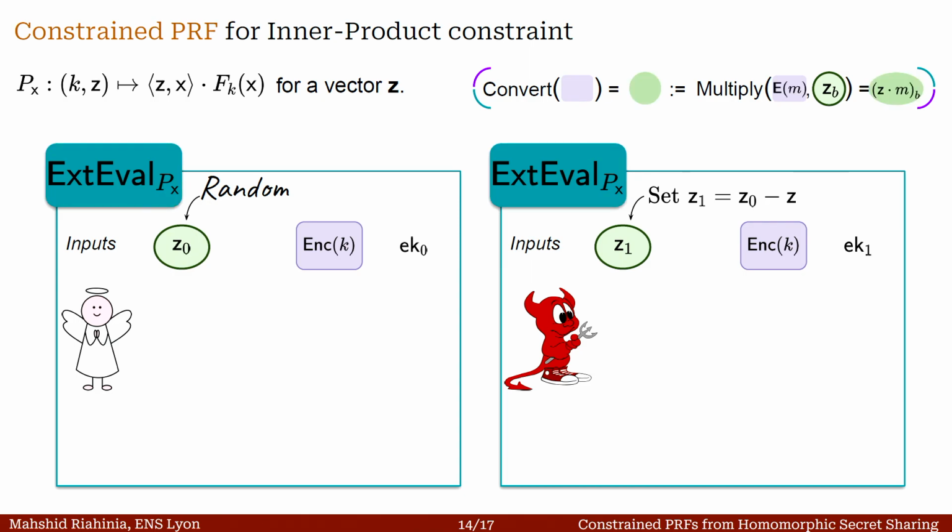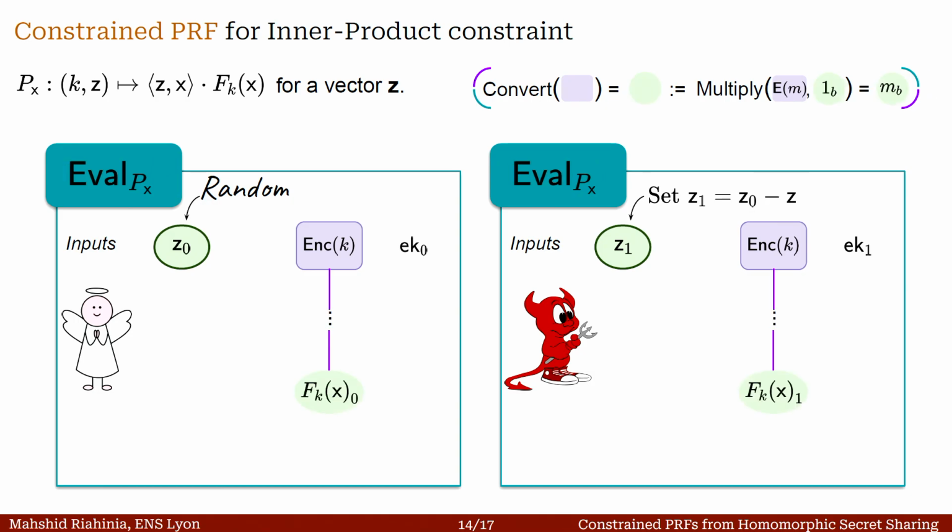Then if we convert a value, like an encryption of m, we actually are multiplying it by a share of z. So what we get is the share of m times z. So it's like we already multiply every memory value by z.